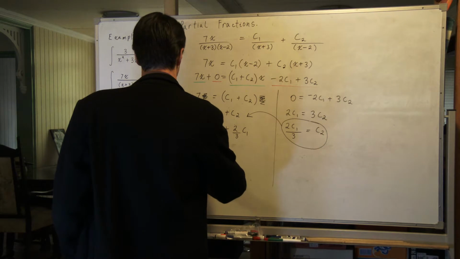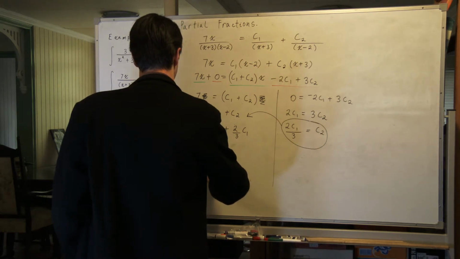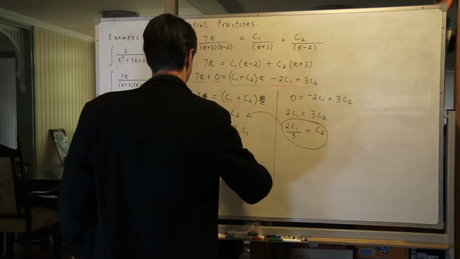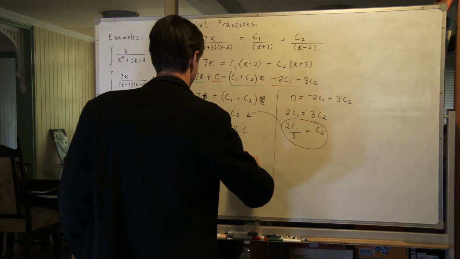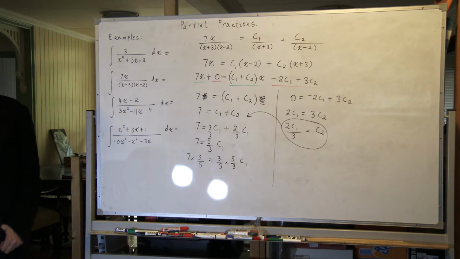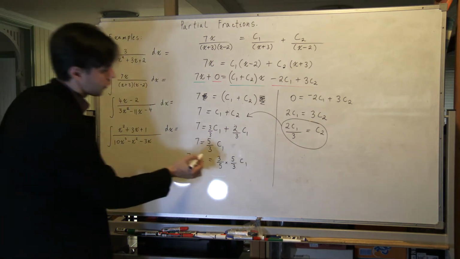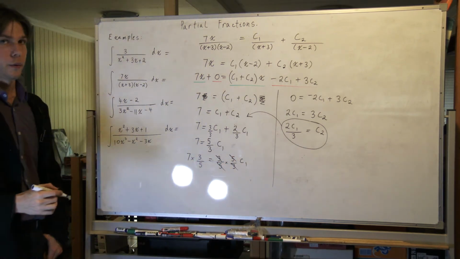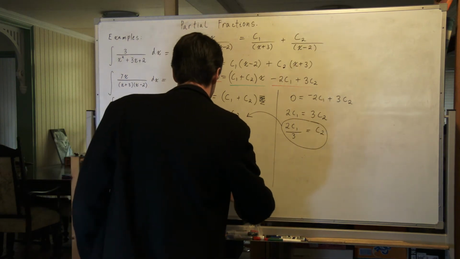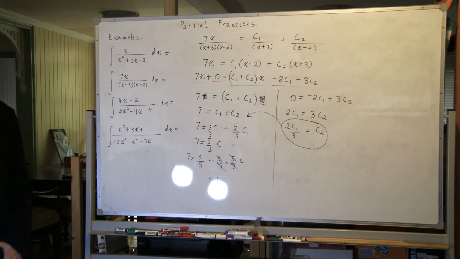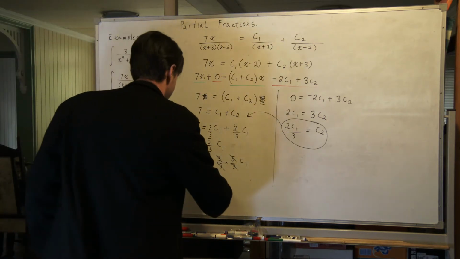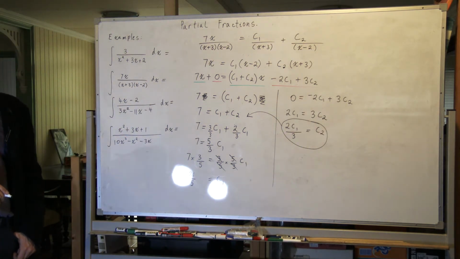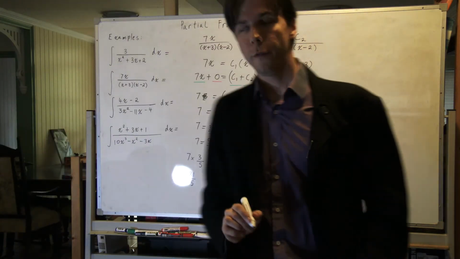So we have 7 times 3/5 there. And just to show you, the 3's over here cancel out, the 5's cancel out. So on the right-hand side we have c1, and on the left-hand side we have 3 times 7 is 21 over 5, and 21 over 5 is 4 1/5.